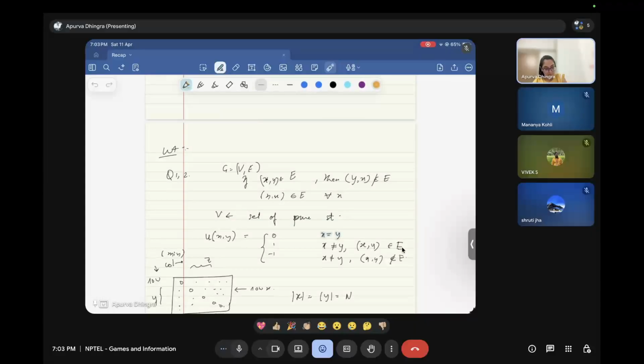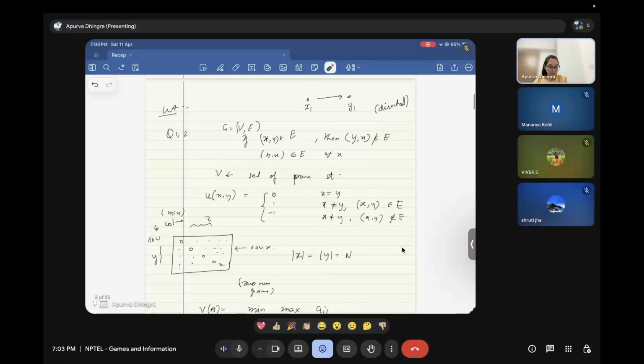So this is actually saying that this is a directed graph. If suppose this is x1 and this is y1, and there is an edge between them, the opposite edge does not exist, meaning it's not undirected. And they're actually using this condition in many different versions.